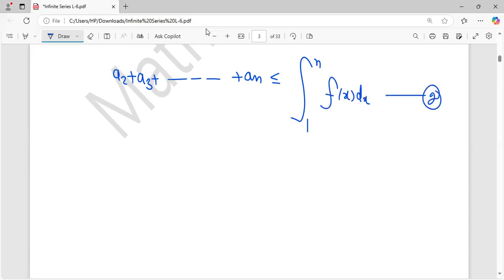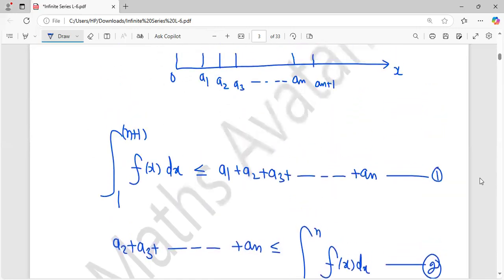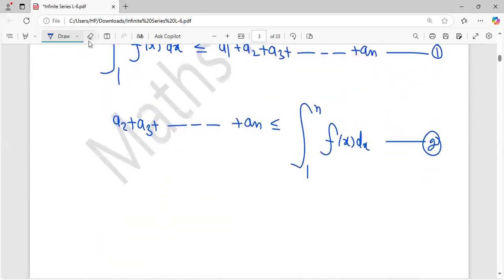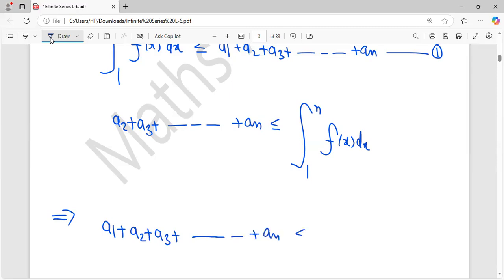This is equation number 2. I can add a1 to both sides. So a2 plus a3 up to a_n plus a1 is less than a1 plus the integral from 1 to n of f(x) dx.